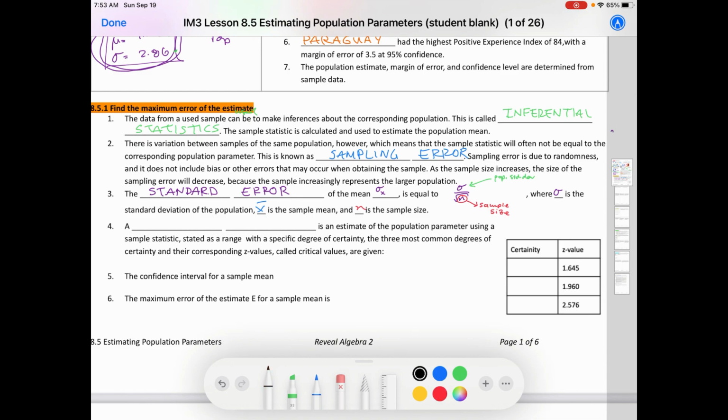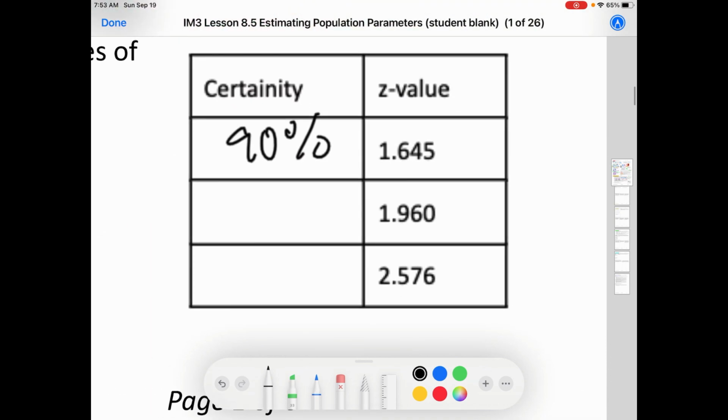Continue on. A confidence interval is an estimate of the population parameter using a sample statistic, stated as a range with a specific degree of certainty, and the three most common degrees of certainty and their corresponding z-values, called critical values, are given. So in this chart, go ahead and fill it out. 90% has a z-value of 1.645.